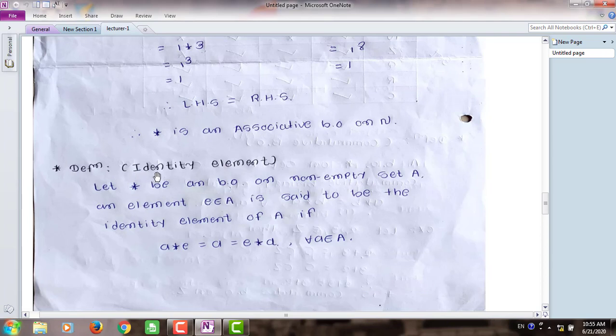Next definition is the identity element.